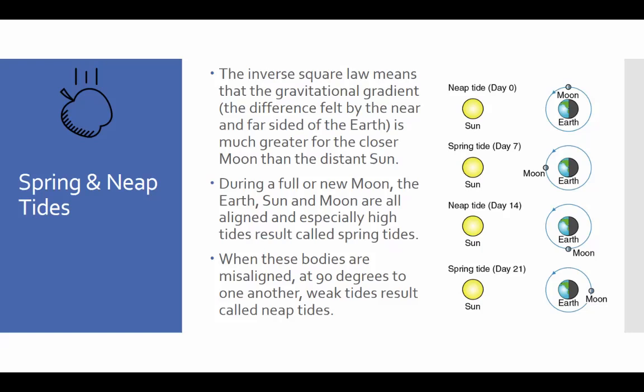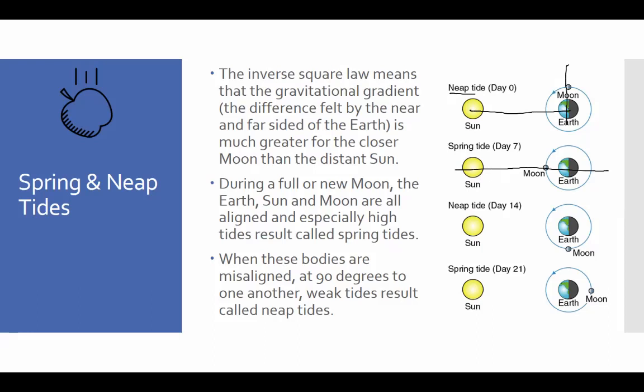If it is at a right angle, like you see here, so there's the plane of the sun and the earth, and there's the plane of the earth and the moon, this is what we call a neap tide. When you have a spring tide, you'll notice that they're all straight together in a line. So this is important when we start thinking about it.